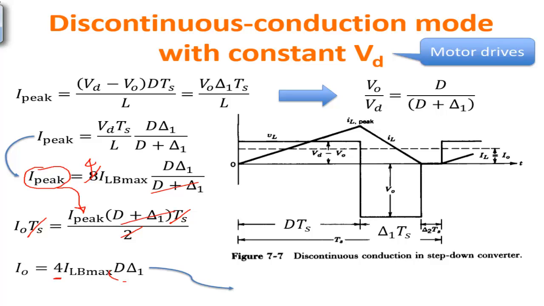And if in the place of I peak we substitute this expression, look here, this is what we wrote before. Then we take this expression, we move it here, this part goes away with this part, Ts have already gone away, here we have 8, here we have 2, they go away and become 4, and therefore if you copy everything, we have I output is equal to 4 I_lbmax times D times delta 1.